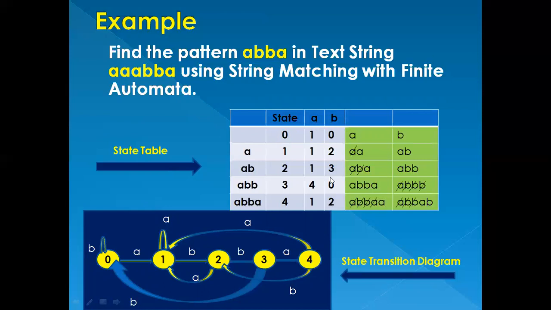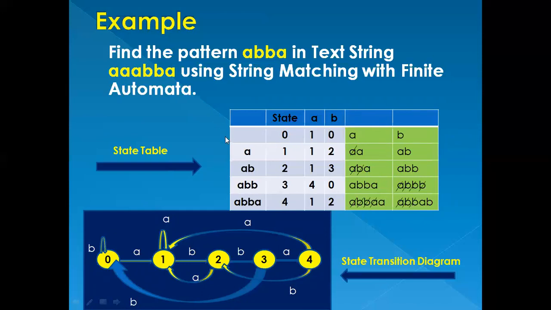Now we are going to start filling the state table. Basically, a state table is only this much. This part I have shown just for your understanding, so that you understand how we are filling the values inside the state table. As I've already mentioned, your zero state is the initial state, which is empty.